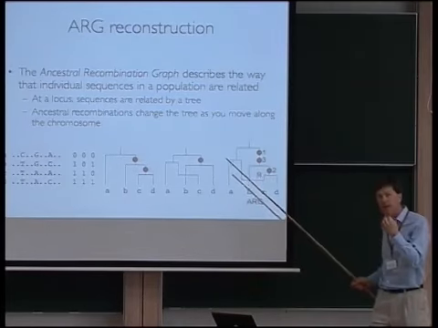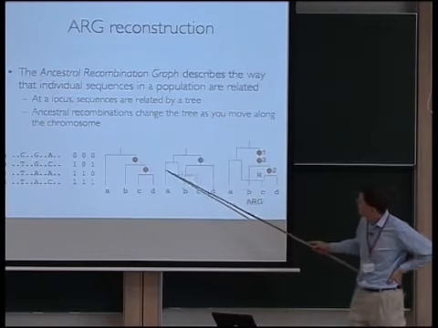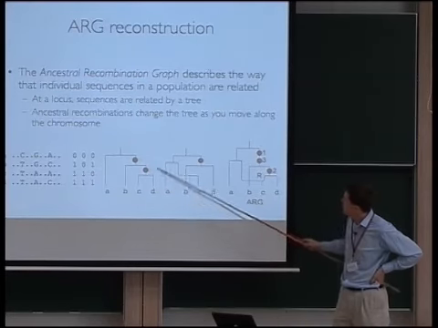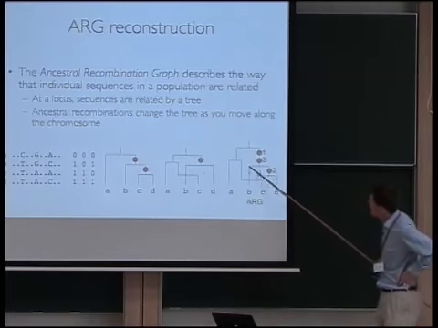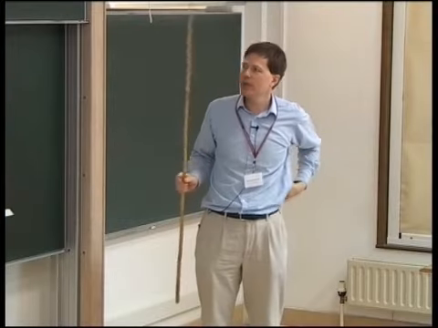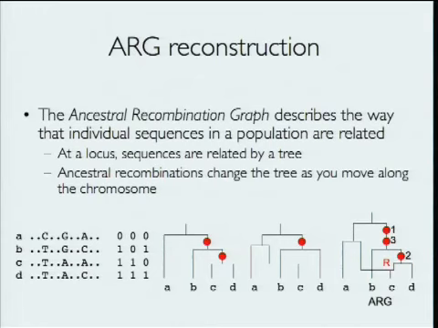Well, that can happen biologically. What happens is that to the left of this point, that tree applies, and to the right, this tree applies. And that's due to the recombination event that has brought together material from 2 different ancestors. We can draw it like this. We can draw a graph that bifurcates going down and going up. There's a sort of symmetry to it.